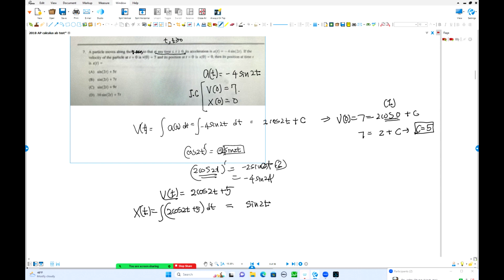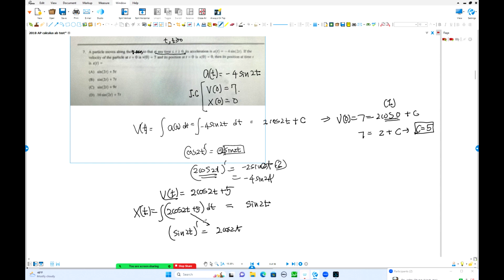Divided by 2, we got the 2 there, that is 1, right? You can check it out. The derivative of sine 2t is cosine 2t, and times 2 by the chain rule is 2 cosine 2t. So the antiderivative of 2 cosine 2t equals sine 2t.